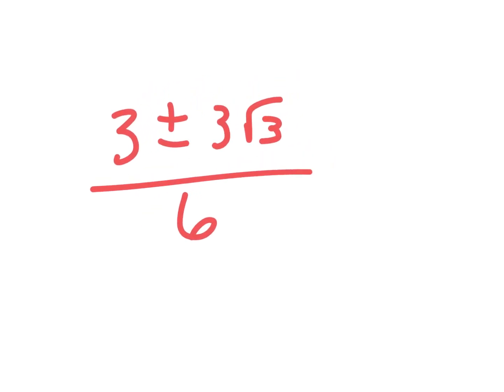That is a typical question on today's top 20. And you know what people want to do? They want to cancel off the 3's and the 6. And it's not quite that easy. Because, once again, if you can factor it, you should. This top can factor.